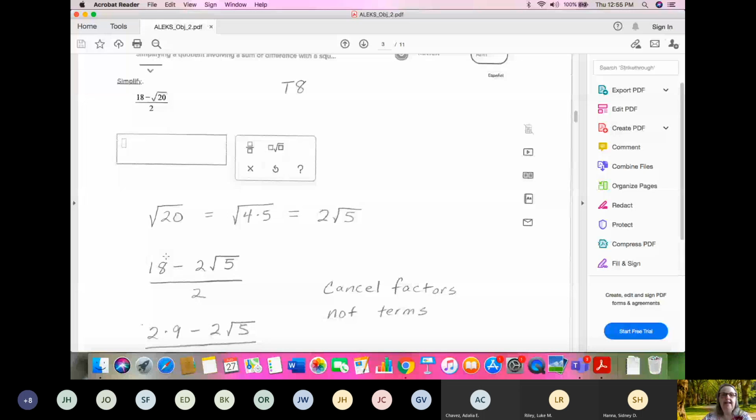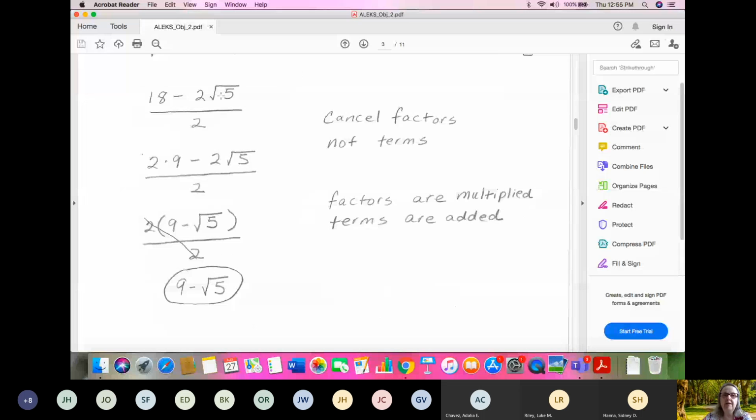Now, I cannot cancel these 2s. Doesn't work. Why is that? What's going on in the numerator? We have 18 plus a negative 2 square root of 5. We have 18 as a term, plus sign. So 18 and minus 2 root 5 are terms.